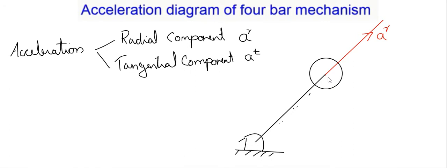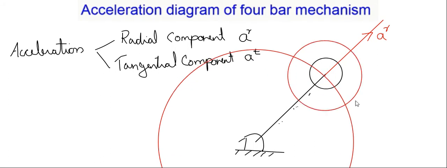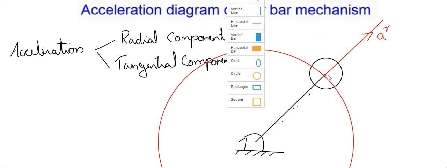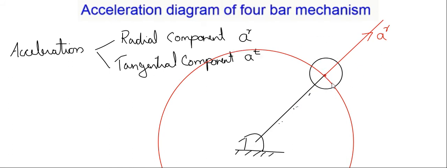And similar to that, when this circle rotates, it actually makes kind of a circle passing through its center like this. And from the point of center, there will be a tangent across this direction, and that will be known as tangential component.